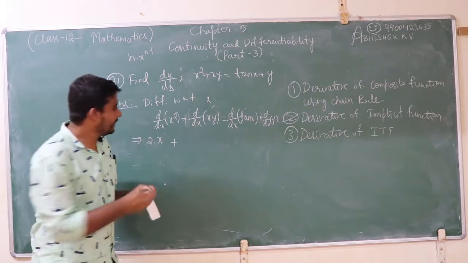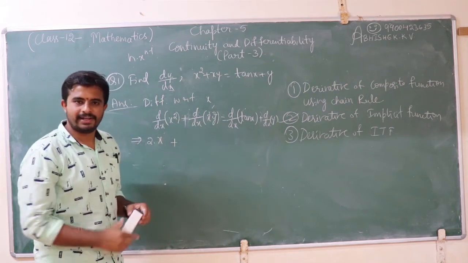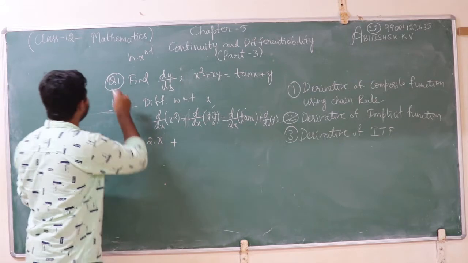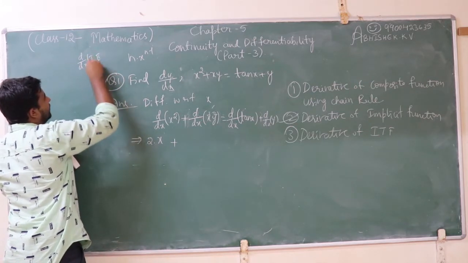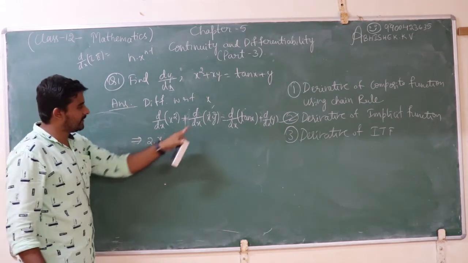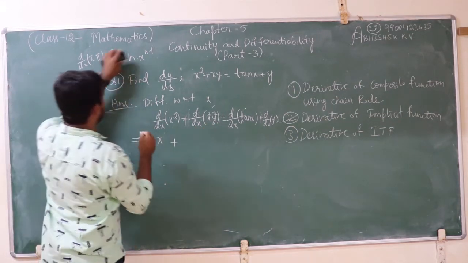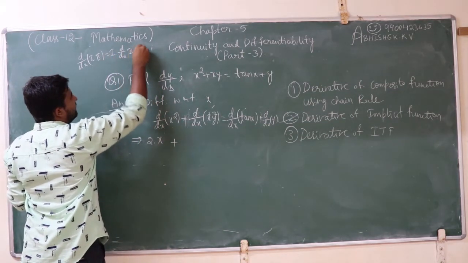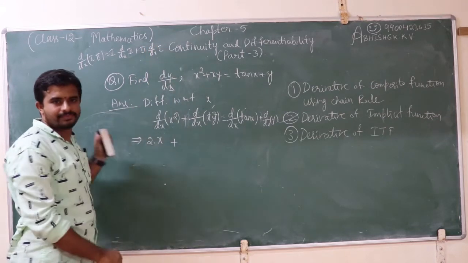xy. Here we have two functions. The derivative of the first function into the second function, what is it? When we have two functions, here x and y, the answer is first into derivative of second plus second into derivative of first.